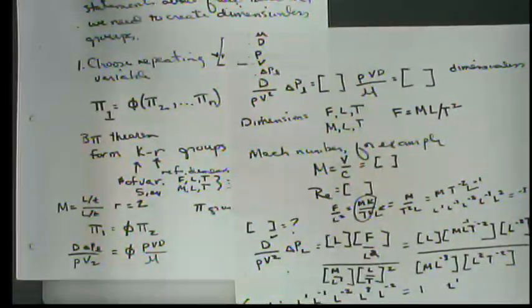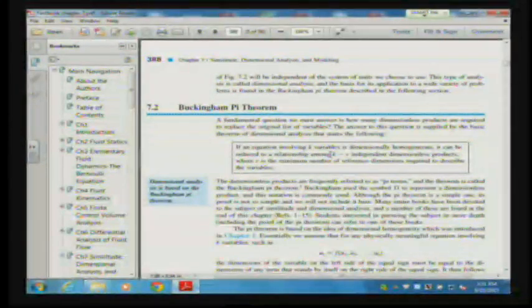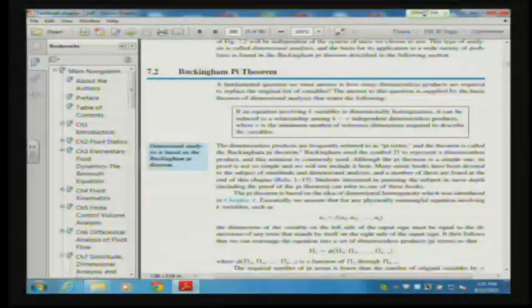All right, so if we take a look back at your textbook, you'll see that it goes through this phraseology where the first pi group is a function of all of the other pi groups. Now, one important thing to notice is, as I said before, if we were looking for delta p sub l, we really want it to just appear in pi 1.